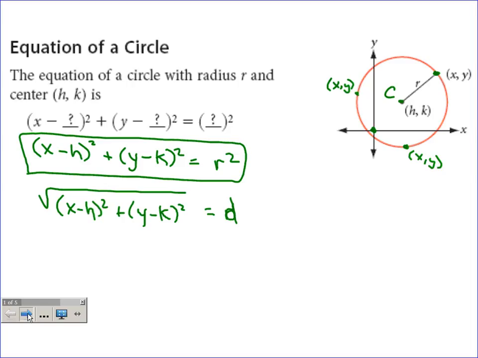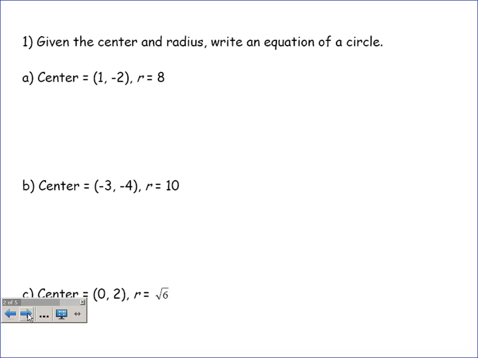Okay? So if we were to look at some of these examples that are over here, it says, given the center and radius, write an equation of a circle. Well, what letters are our center? H and K. So that's H, that's K. If you remember the formula, which we just wrote down, it is x minus h quantity squared plus y minus k quantity squared equals r squared. All I'm going to do is substitute in those values.